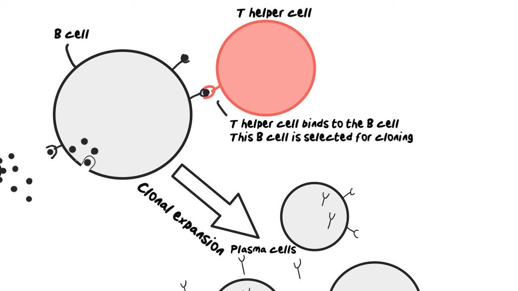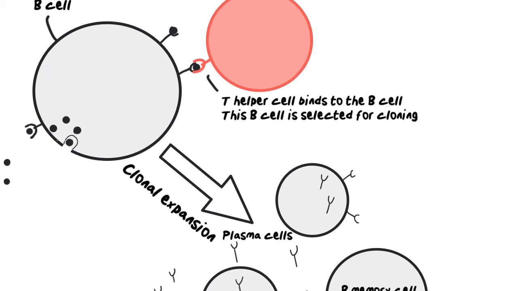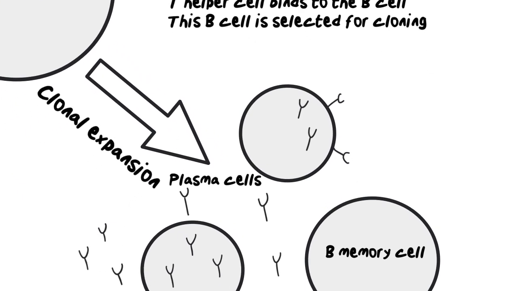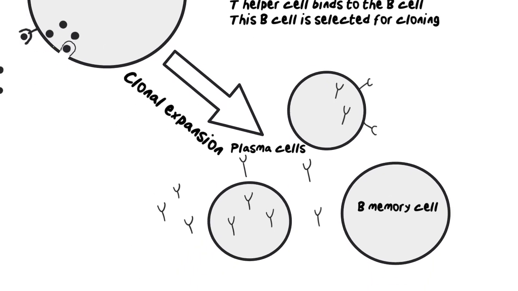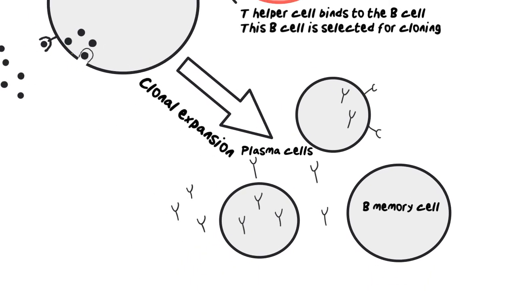The T helper cell binds to the B cell, and it's this binding which causes this B cell to go through mitosis. The B cell will go through cell division, through mitosis, and it will create more B cells. This bit we call clonal expansion.